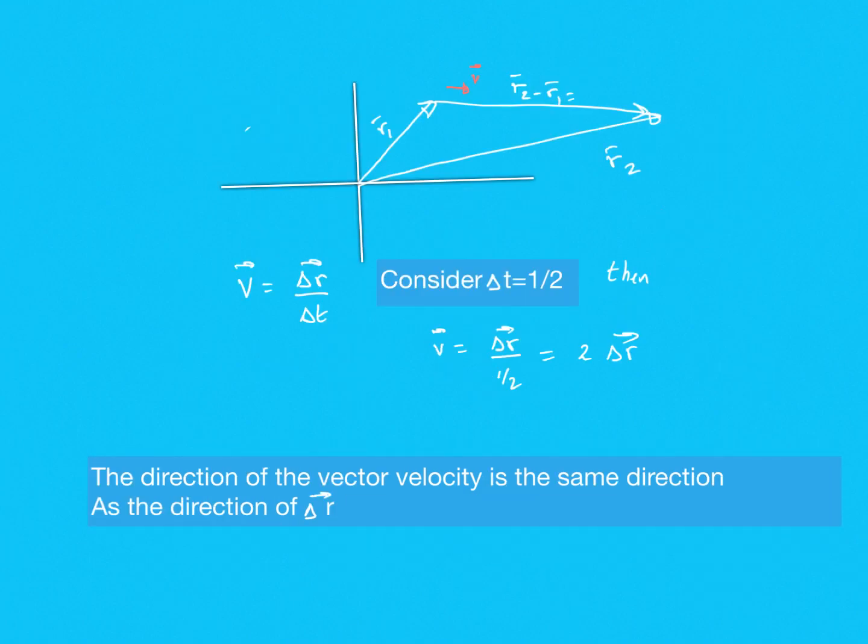Perfect. So consider now an object that is at the position R1 at the time t1, and at the position R2 at the time t2, so it has changed its position. R2 minus R1 is the change in the position. So the velocity is the change in the position per unit of time. Imagine that this has happened in 1/2 of a second. The velocity will be v equals delta r, this vector, divided by 1/2, so it's 2 delta r.